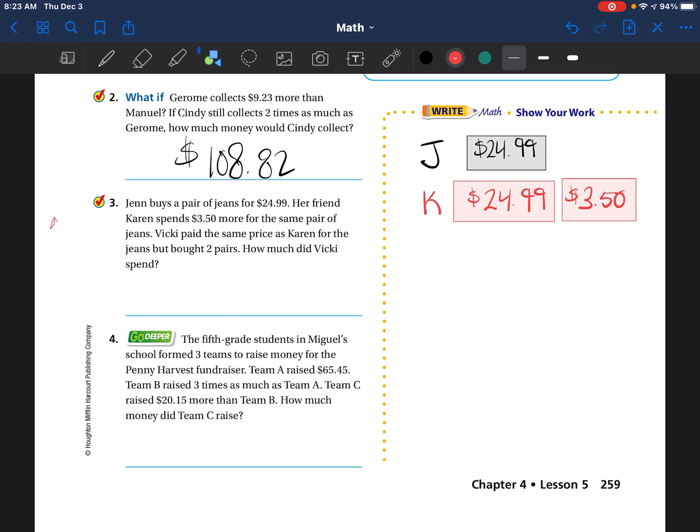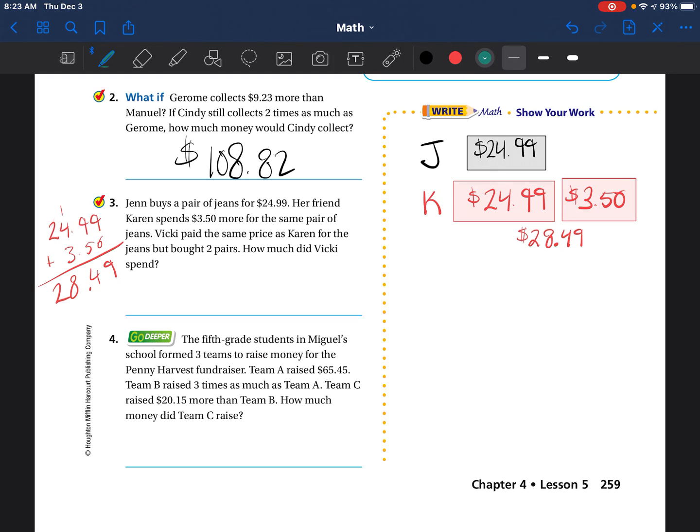So $24.99 plus $3.50. 8. So that means Karen spends $28.49 on a pair of jeans.